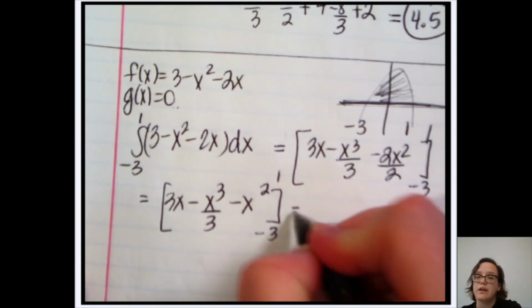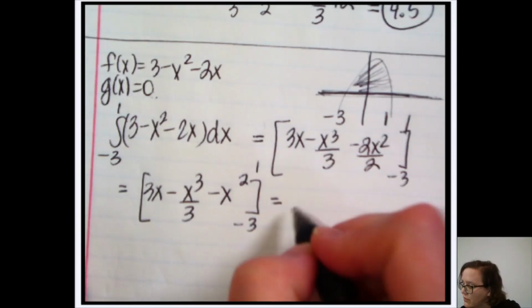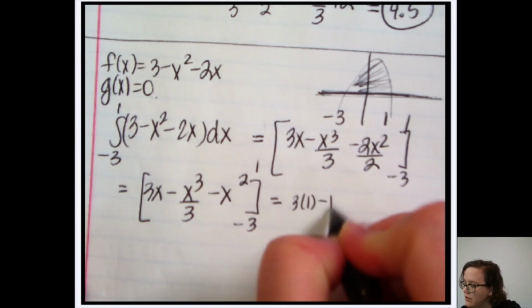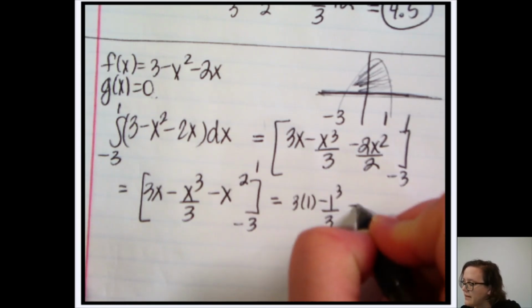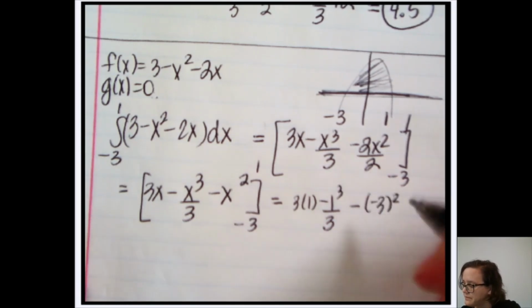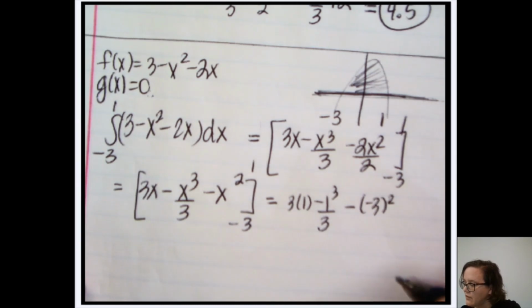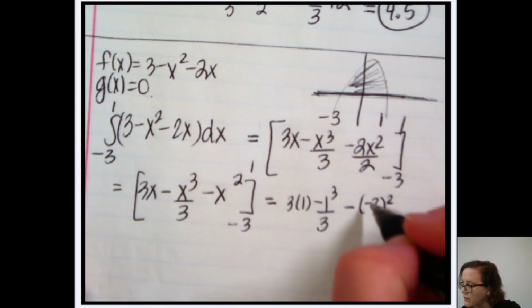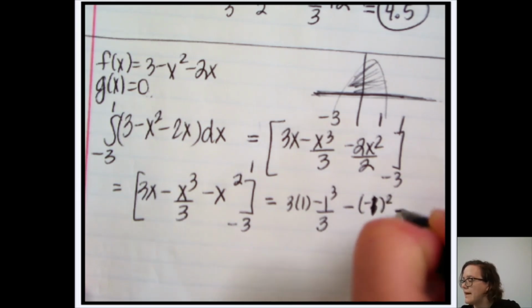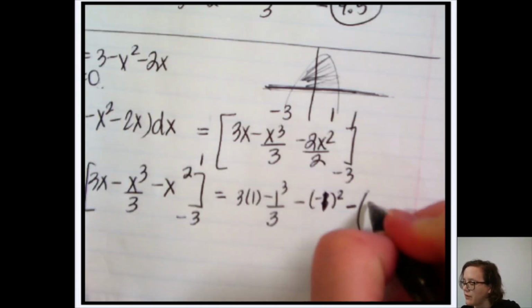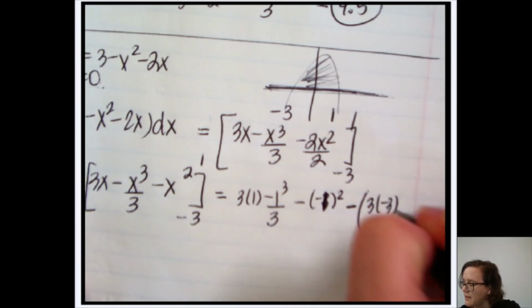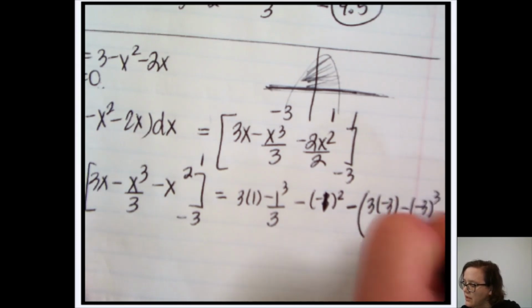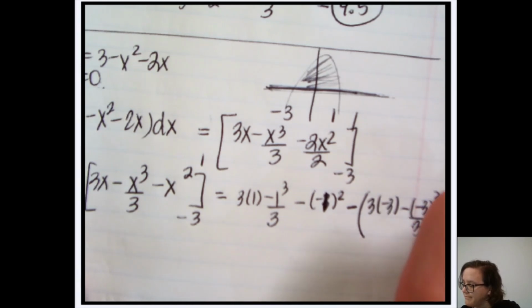Then we just plug in. So 3 times 1 minus 1 cubed over 3 minus 1 squared. Okay. Minus, and then we plug in our -3. So 3 times -3 minus -3 cubed over 3 minus -3 squared.